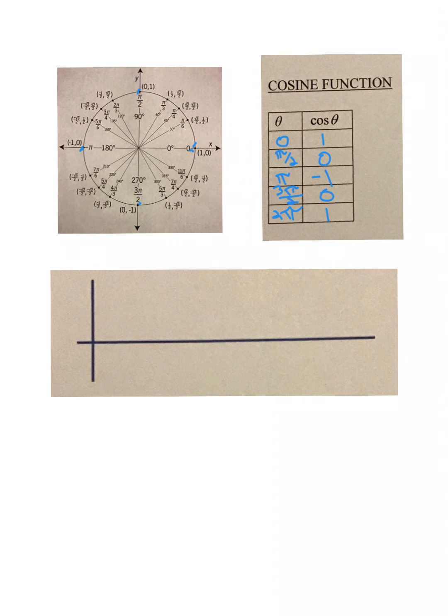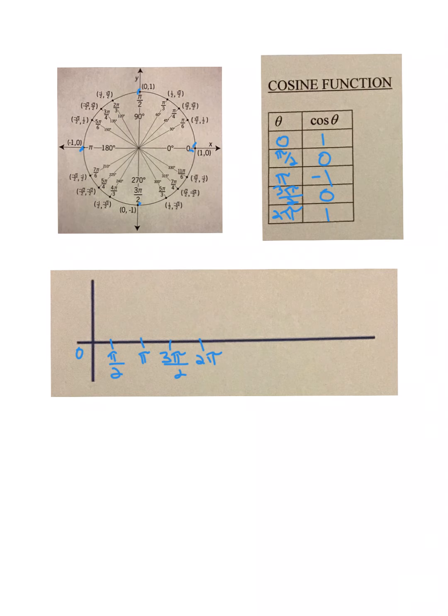So our x or horizontal axis will have the same markings as it did on the sine function. And notice that our y values or vertical values all varied between -1, 0, and +1.